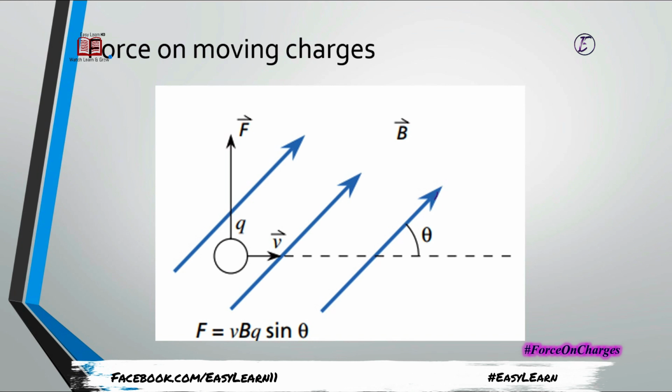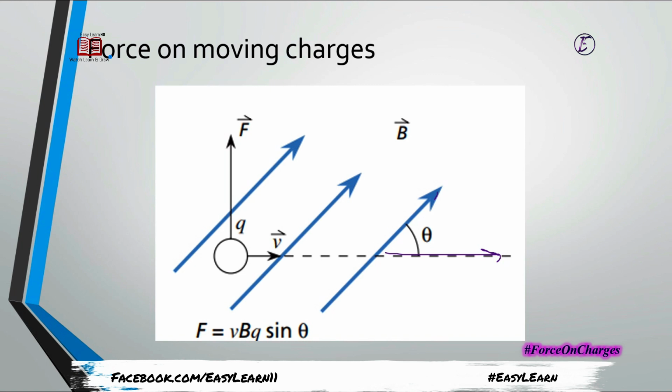Suppose these yellow arrows represent the magnetic field, and it is in this direction, and the velocity is in this direction. It is not represented here whether it is a positive or negative charge. If it is not represented, consider it as a positive charge, because we have made formulas for positive charges.